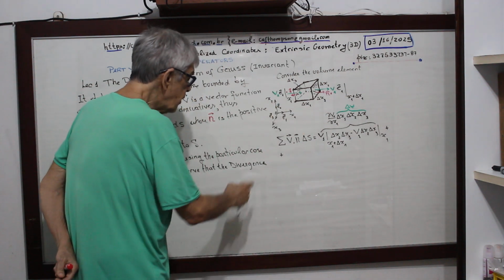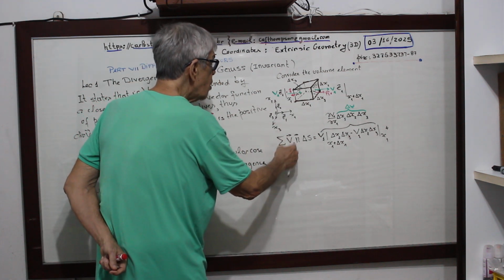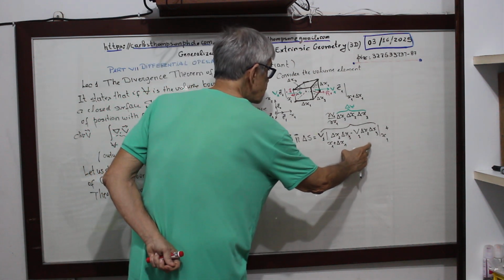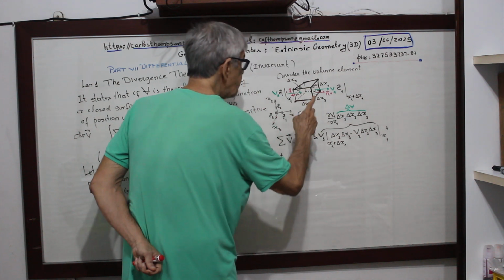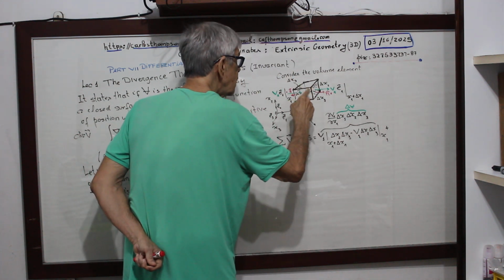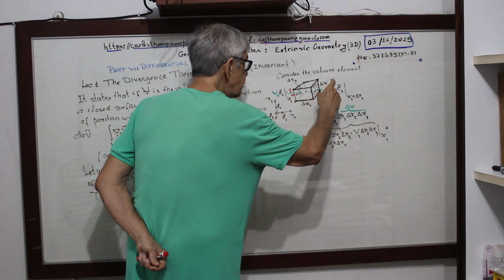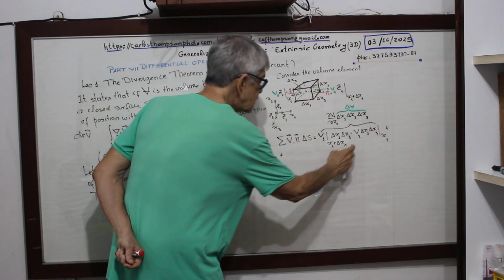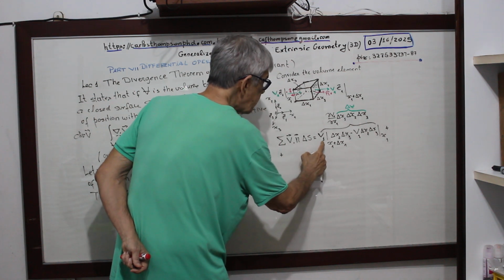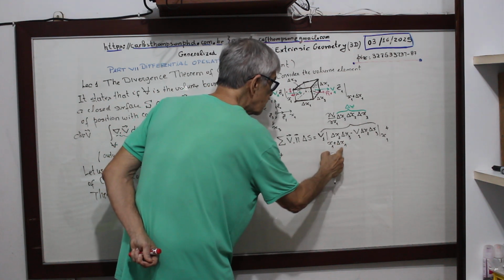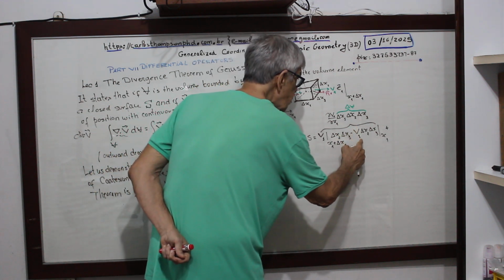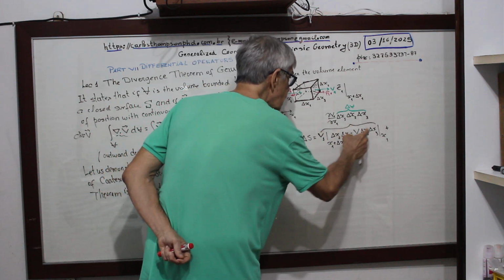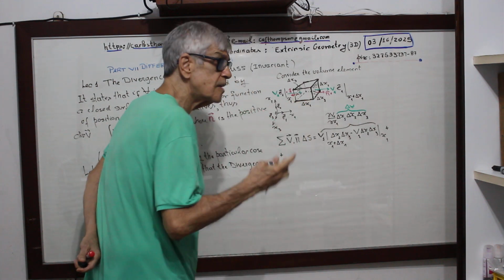Now, let's sum through all these six surfaces. First, you have these two surfaces. Now, attention now. The area in this x1 direction is delta x2 times delta x3. The same area on the back. This is the component V1 at x1 plus delta x1, and this is the component V1 at x1. The area is delta x2 delta x3, the same area.